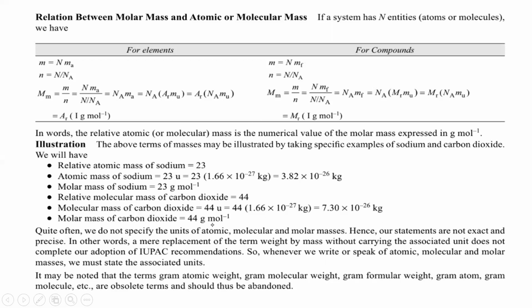Quite often, we do not specify the units of atomic, molecular, and molar masses. Hence, our statements are not exact and precise. In other words, a mere replacement of the term weight by mass, without carrying the associated unit, does not complete our adoption of IUPAC recommendations. So whenever we write or speak of atomic, molecular, and molar masses, we must state the associated units.